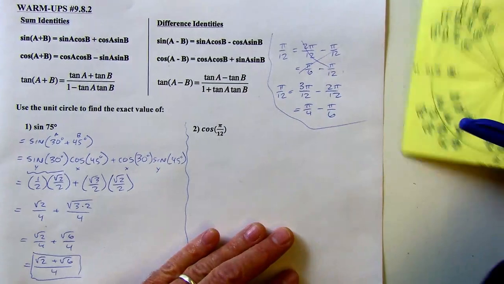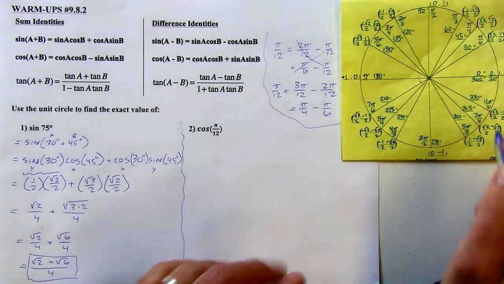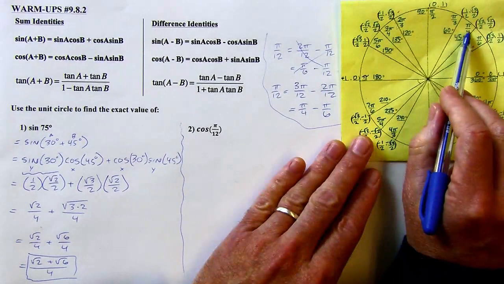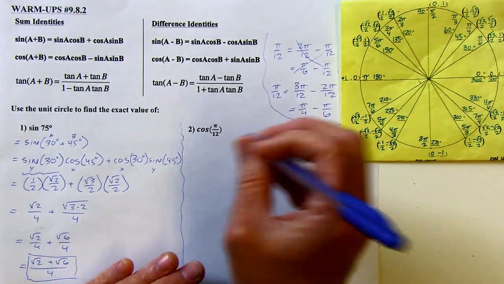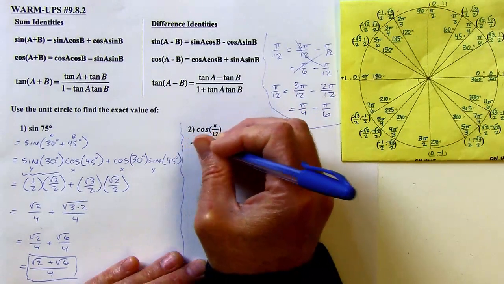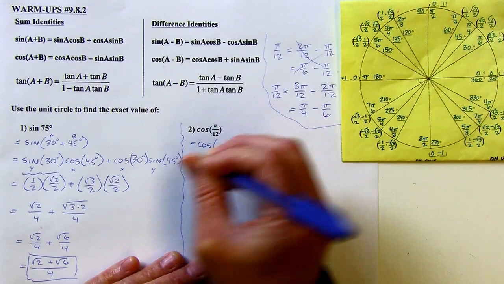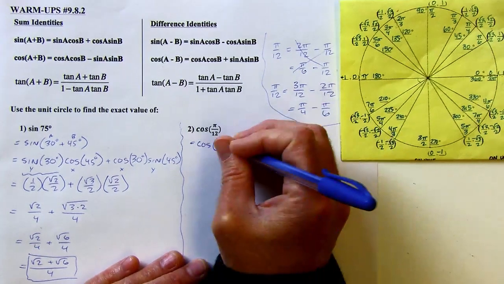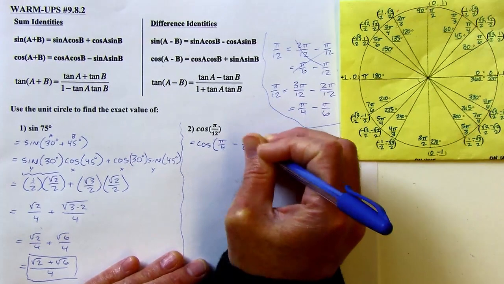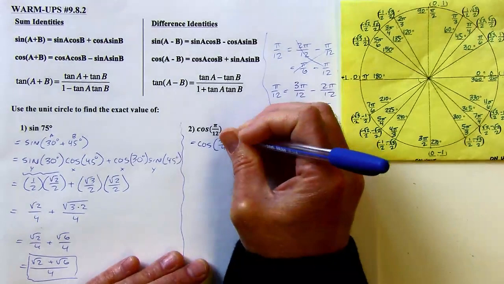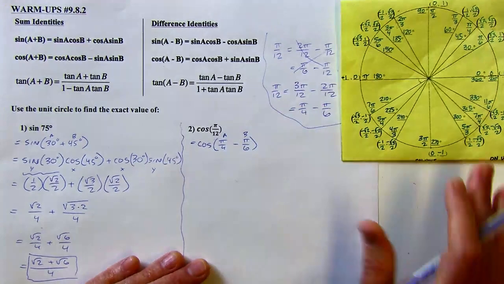And then if I get the unit circle back out again over here, pi over 4 is on here, and so is pi over 6. So that's going to work out, right? So now I can think of this as the cosine of pi over 4 minus pi over 6. Okay? And that can be my a and b, and now I can use the formula.